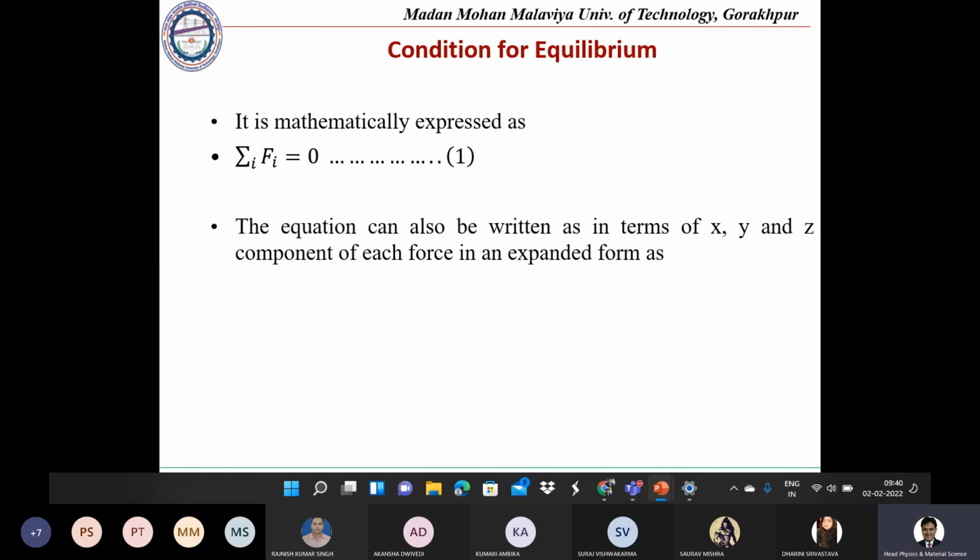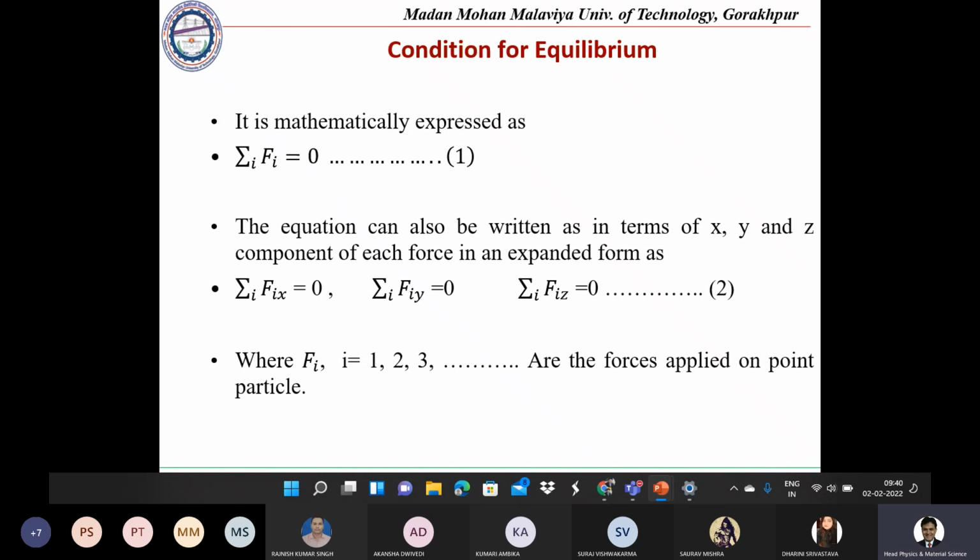In expanded form, the summation of the forces acting in the x direction should be zero, the summation of all the forces acting in the y direction is also zero, and the summation of the forces acting on the point particle along the z axis must be zero. So these are the forms of equation number 1 written in the above bullet point, where Fi, with suffix i indicating 1, 2, 3, are the forces applied on the point particle.